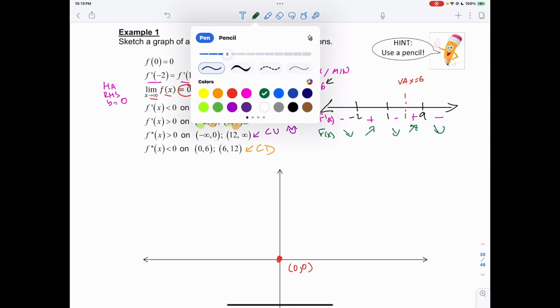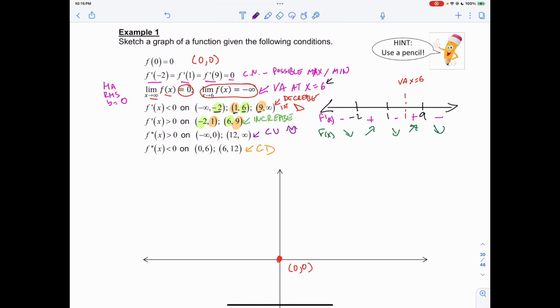And when that change happened at the critical number, we know that that is a min, that is a max, that is a max, and the other one where it changed occurred at the vertical asymptote.